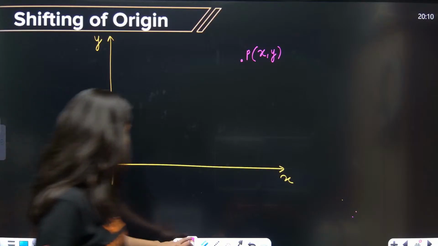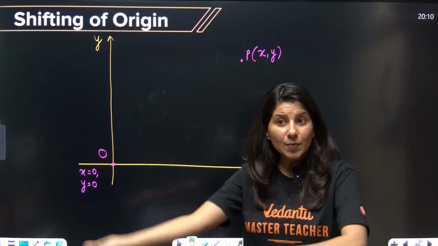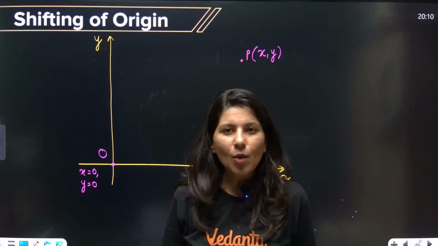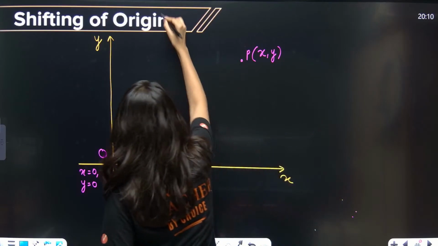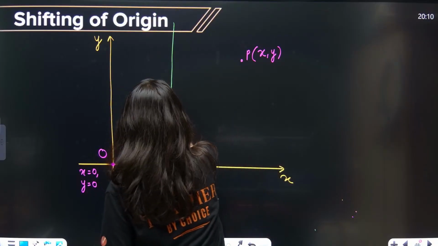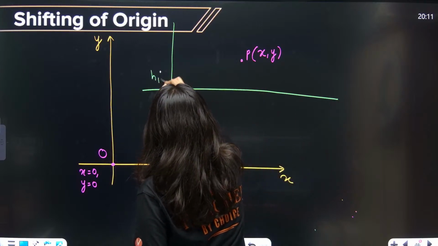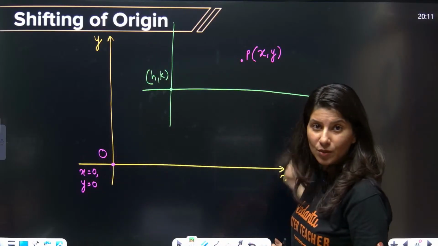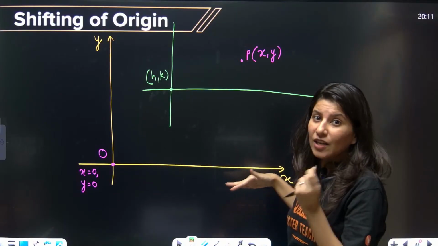Now your origin has been shifted to a new point, let's say 2, 3 or 1, 2, something like that. So let me take a generic point. If you shift your origin, then what will happen? This point over here is h comma k. With respect to your old coordinate axes, small x, small y, you have h comma k.